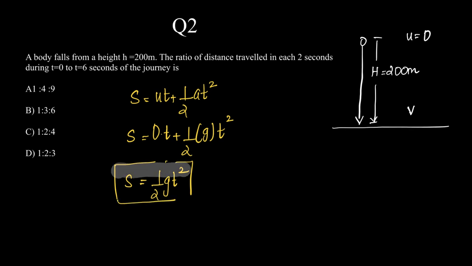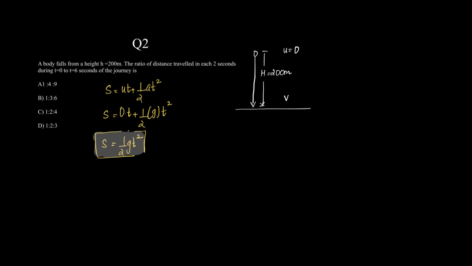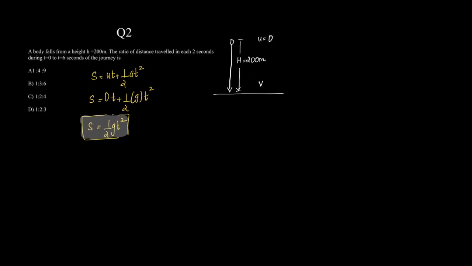Now let us try to make sense of the data in the question, which is time t is equal to 0 to time t is equal to 6 seconds.